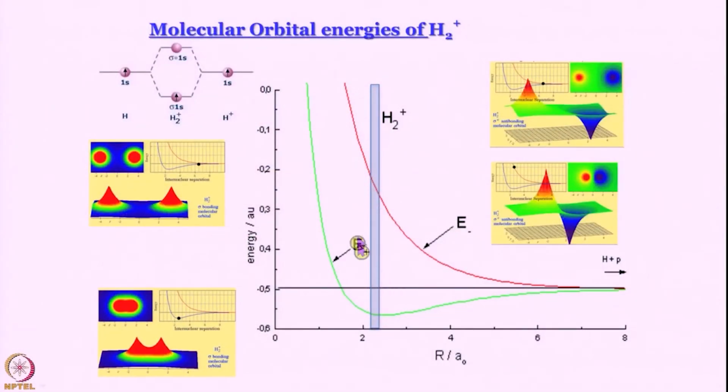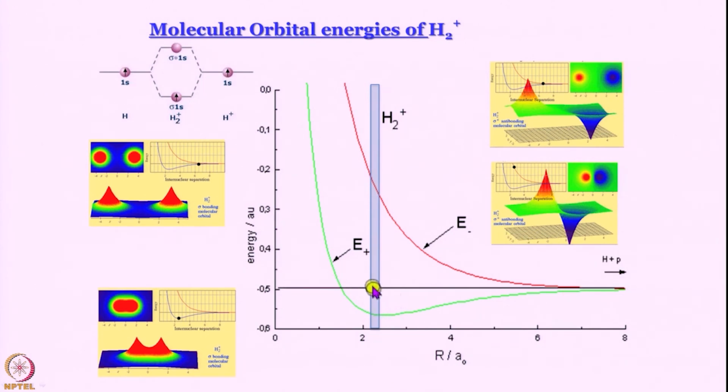For E plus, or E1, you have a function that goes through a minimum. This is the energy, remember, of the bonding orbital, and this is the energy of the anti-bonding orbital, which increases monotonically when you decrease capital R from infinity to very small values.